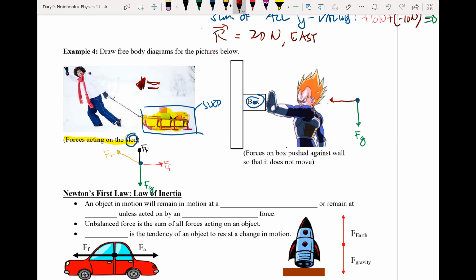So I'm just gonna call that one FA, the force exerted by Vegeta. What else? What other forces do you think are acting on the box? Because for sure, in that particular sense, this object will be moving, because if you can see, the forces are not balanced.